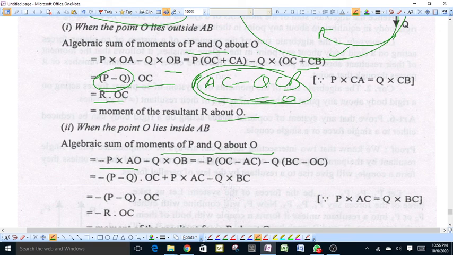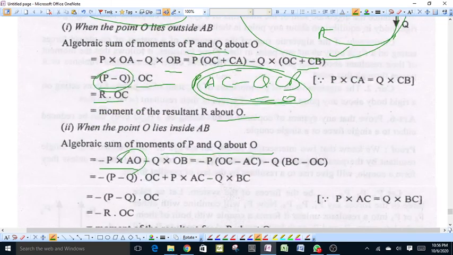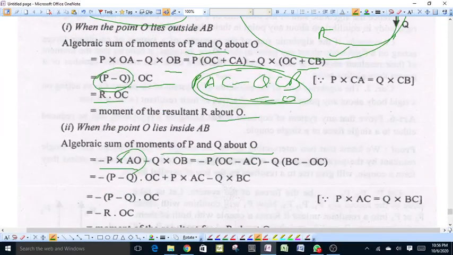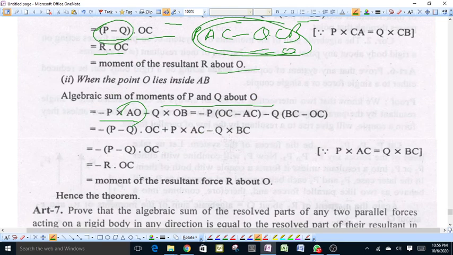This is equal to minus P into OA, which we write as the difference OC minus AC, and similarly OB will be equal to BC minus OC.